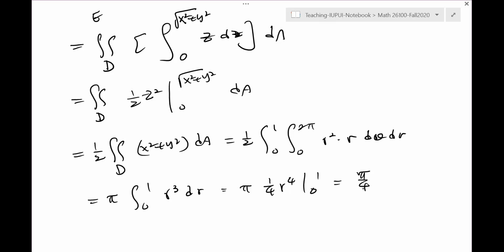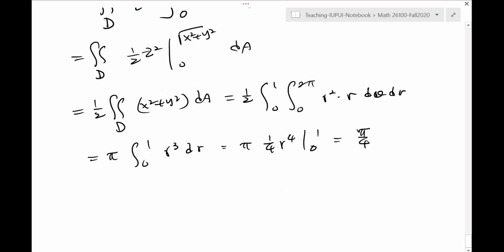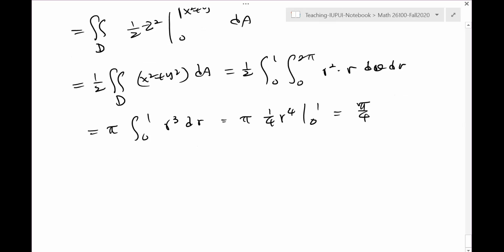In many cases, you cannot write down three iterative integrals directly. You go step by step, a double integral and then a single integral, finish the single integral, then work on the double integral. Like in this case, it's better doing it this way.